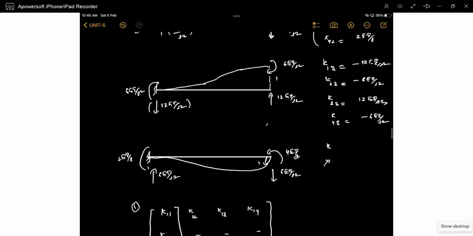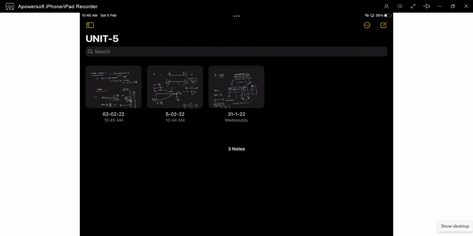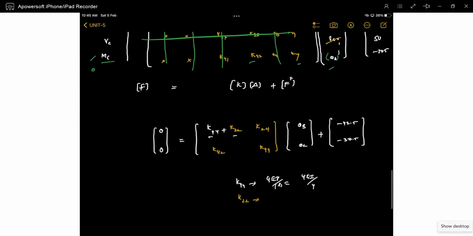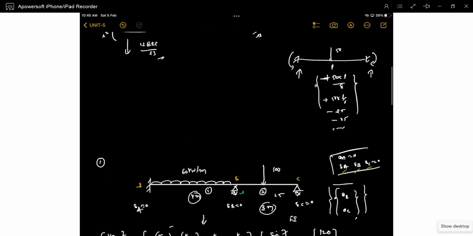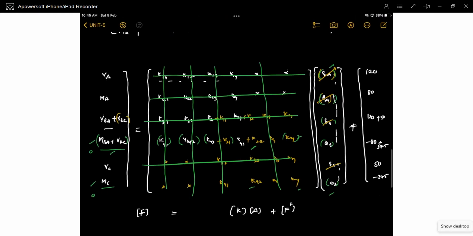You already know these values. So K44 is 4EI by L, K22 is also 4EI by L. Understood? But this is for the second element. Second element length is what? It is 3.